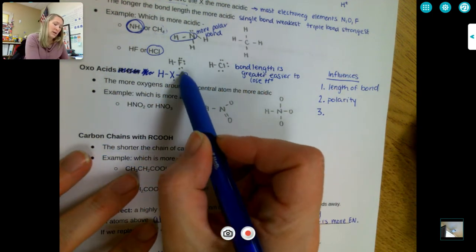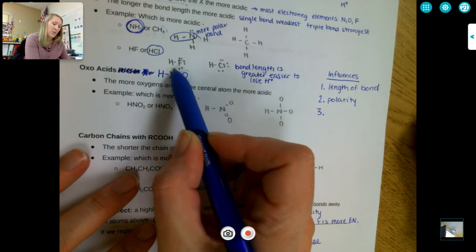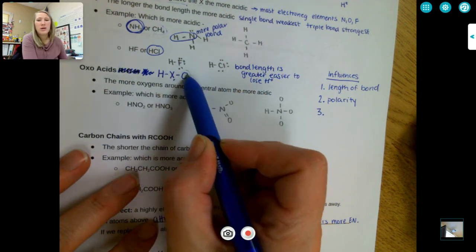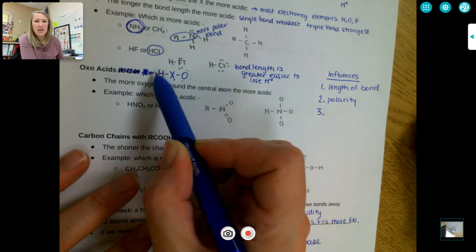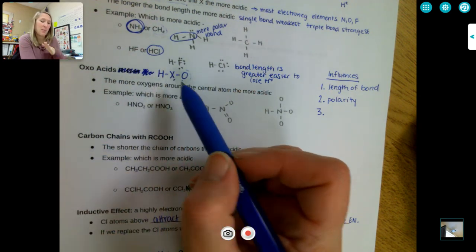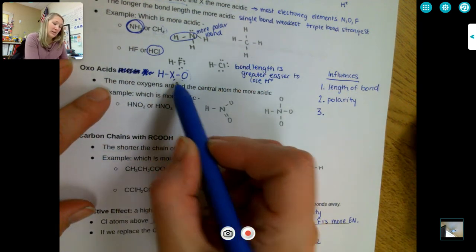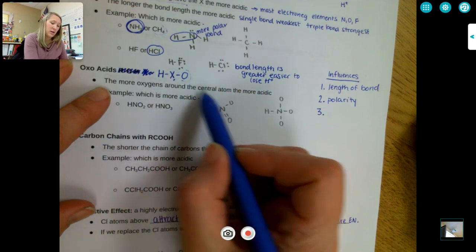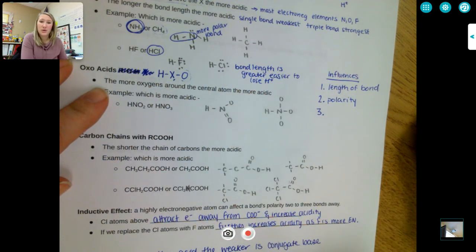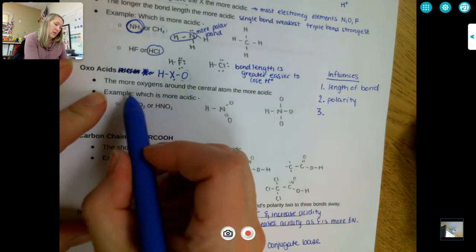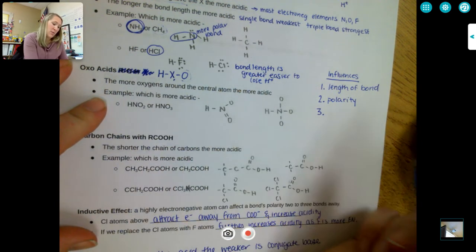Because of the electronegativity, the oxygen influences this element, and we pull our electrons towards the oxygen, and then the hydrogens are going to pop off. The more oxygens we have around this element, the more of an inductive effect we get, and therefore the easier it is to lose this hydrogen. So the more oxygens around the central atom, the more acidic.